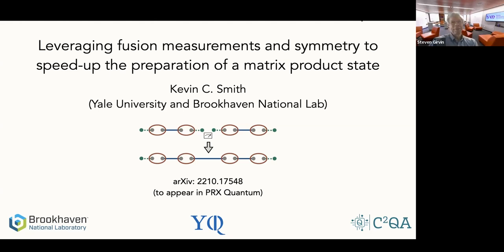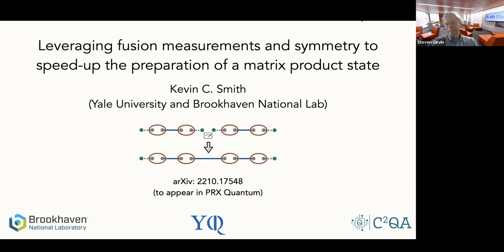So it's a pleasure to introduce Kevin Smith. Kevin, as mentioned, is a C2QA postdoc who's employed at Brookhaven National Laboratory, but he's posted here in the Yale Quantum Institute, where he's been for nearly 2 years.